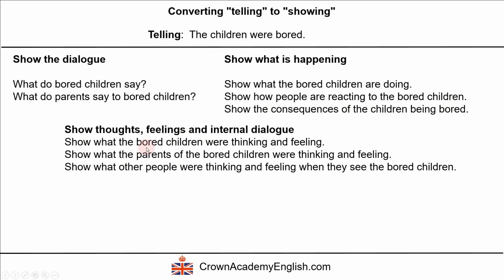So in this example, show what the bored children were thinking and feeling. Show what the parents of the bored children were thinking and feeling. And even show what other people were thinking and feeling when they see the bored children. Okay, so if we can address all of these aspects, then we're going to be showing this idea.